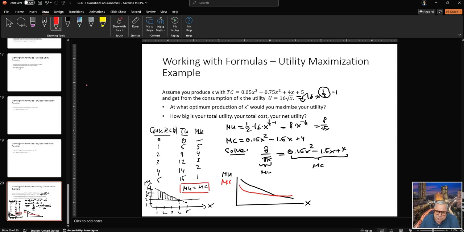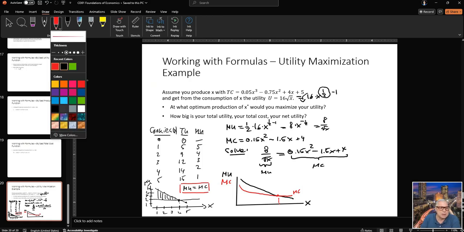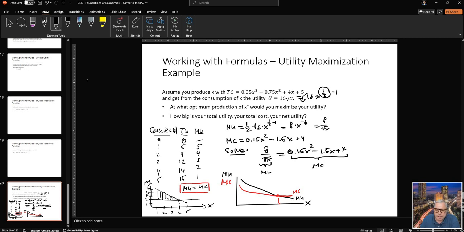So there should be a point where the marginal cost equals the marginal utility, and that optimum x, which we like to call x star, because the star means the optimum, requires solving that equation. But this is obviously a very complicated equation, and I'm not very good in math either.